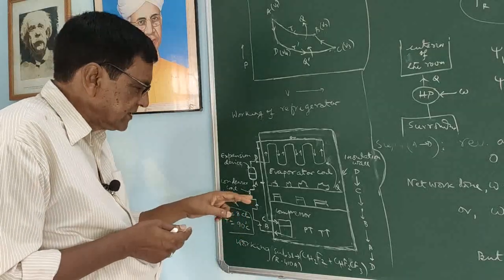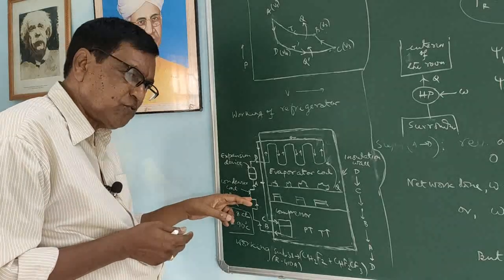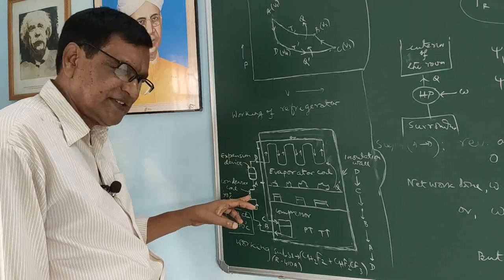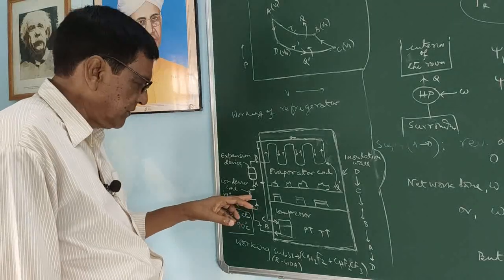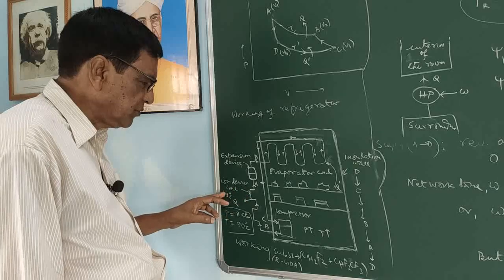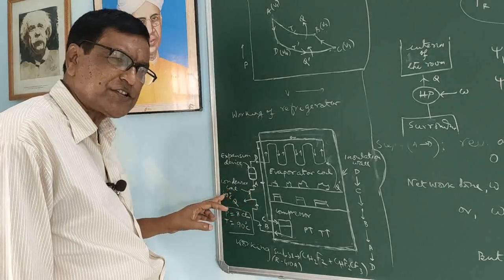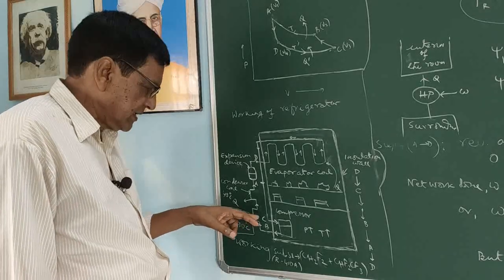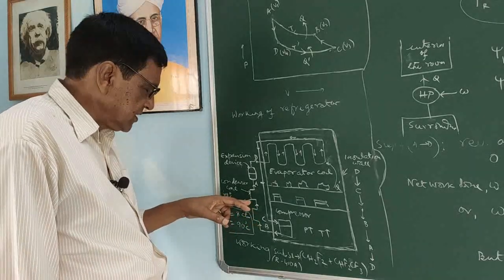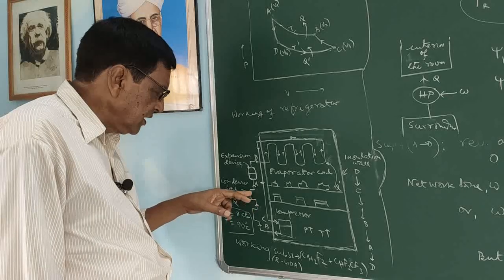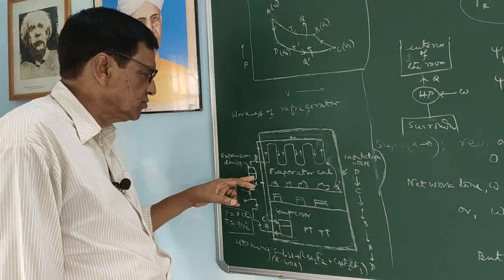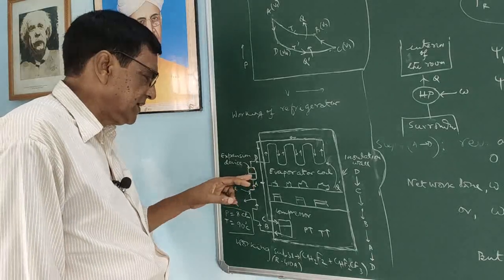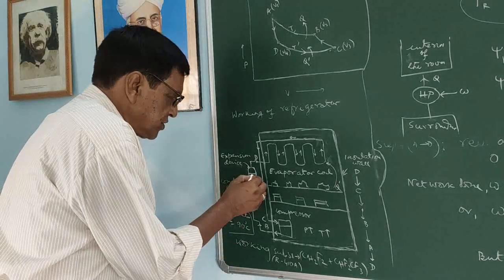Naturally this vapor will be cooled down. The vapor is now condensed into liquid at this temperature, 40 degrees centigrade. Pressure remains the same.